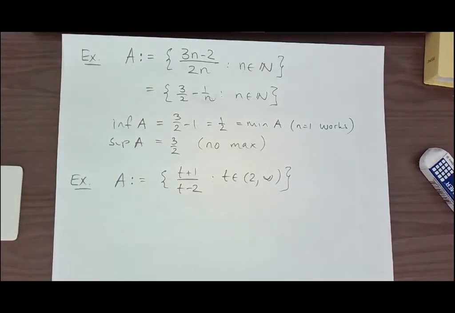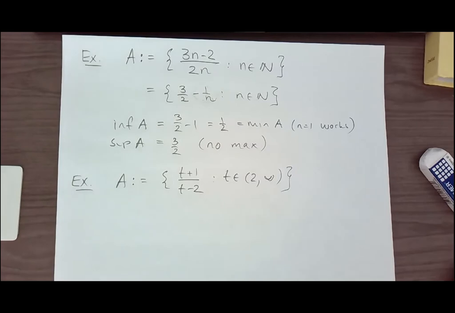And now it gets much more tricky. How would one go about doing that? It's always advisable when you have an interval and this function, to study what happens to the ratio when t is equal to 2 and when t is equal to infinity.